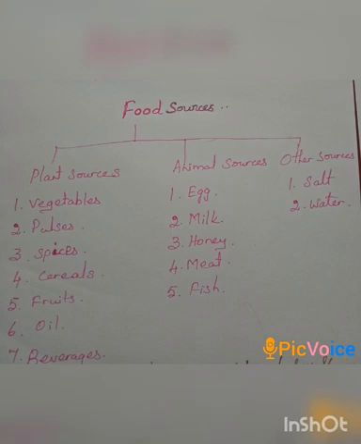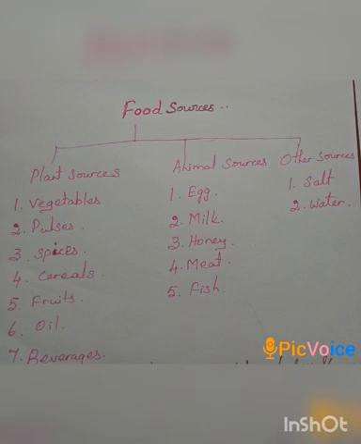For example, asafoetida, red chilies, thyme, turmeric, cumin seed, mustard seed, clove, ginger and coriander are spices. Then the fourth one, cereals. Food grains produced by crops, for example wheat, barley, millet, maize, rice, etc. They are a rich source of carbohydrates.